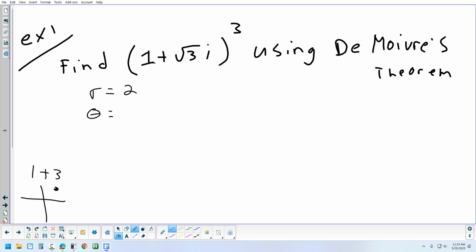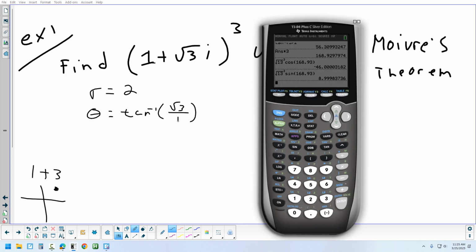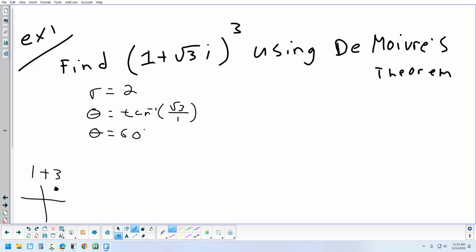Inverse tangent of square root 3 over 1, so just square root 3. And that's going to give us a nice answer of 60 degrees. Okay, so there's your radius and there's your angle.